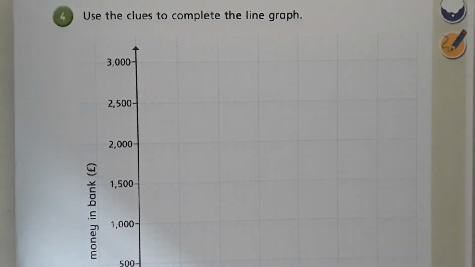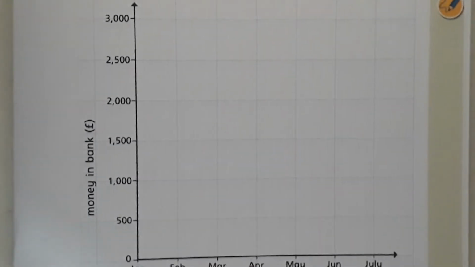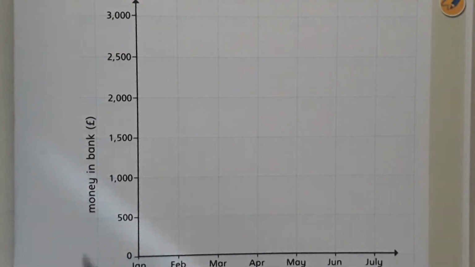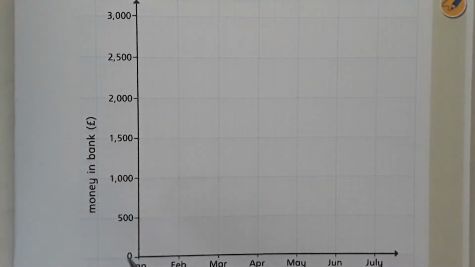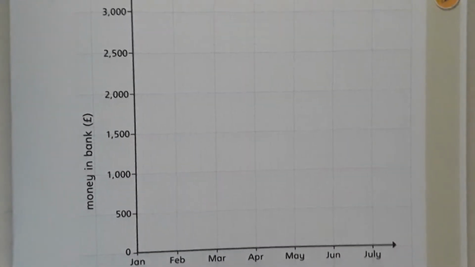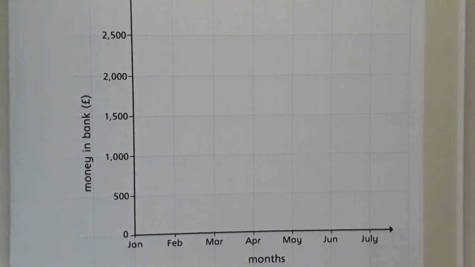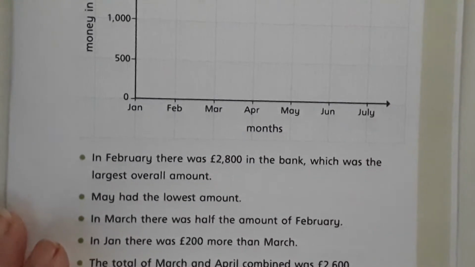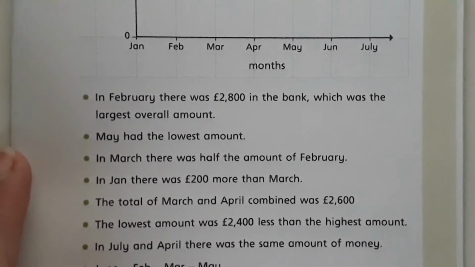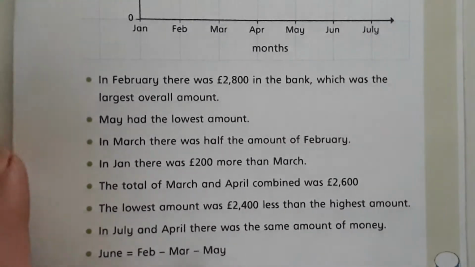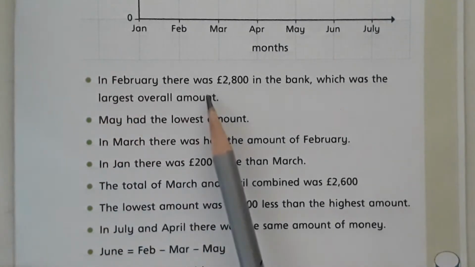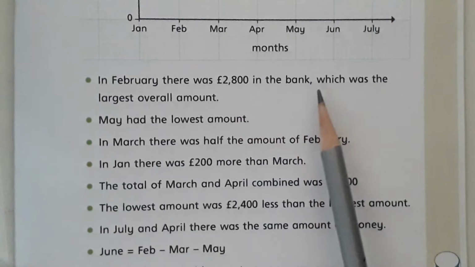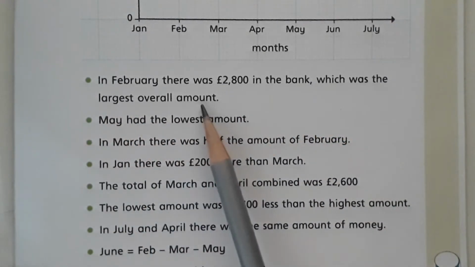And finally it says use the clues to complete the line graph. Let's have a look. You have the money in the bank in pounds. It's going up in £500. We have the months of the year, and we've got all of these clues. We don't like doing this, but we're going to read them. In February, there was £2,800 in the bank, which was the largest overall amount.